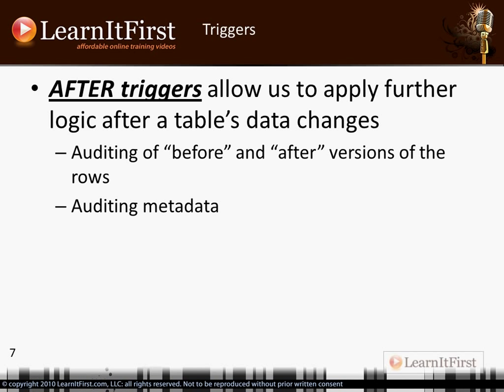Auditing metadata, I do this a lot with separate tables of things like login history, where I can intercept what their IP address was or their machine name. I can't get the IP in SQL Server if I pass that in from an application, but I can get their host name. I can get lots of information, all their user options stuff.